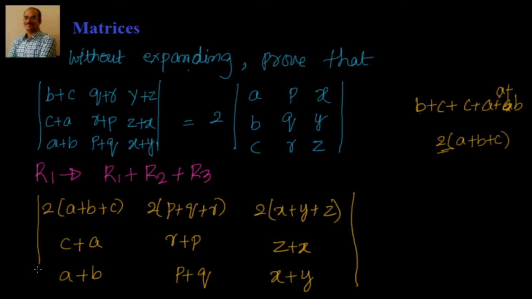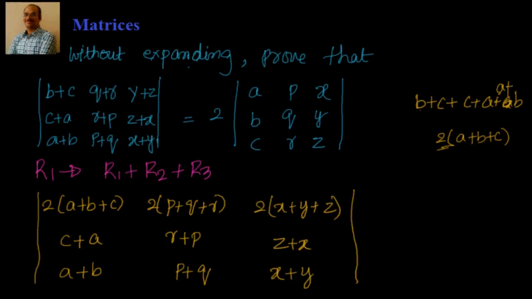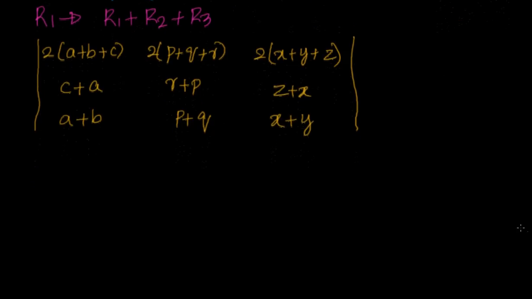Now I can take 2 common out, right? So let me go ahead and do that. If I take 2 common out, I will have a plus b plus c, c plus a, a plus b.